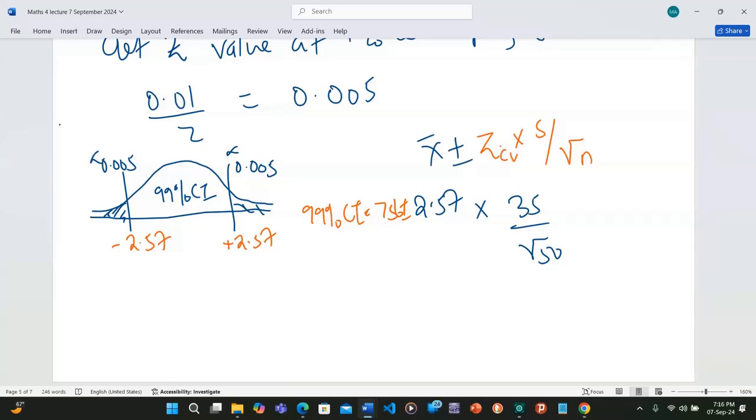So here, we said 2.57 times 35 divided by the square root of 50, and the value that is calculated is 756 plus or minus 12.72. So the lower value will be this minus that, and the higher value will be 756 plus that.